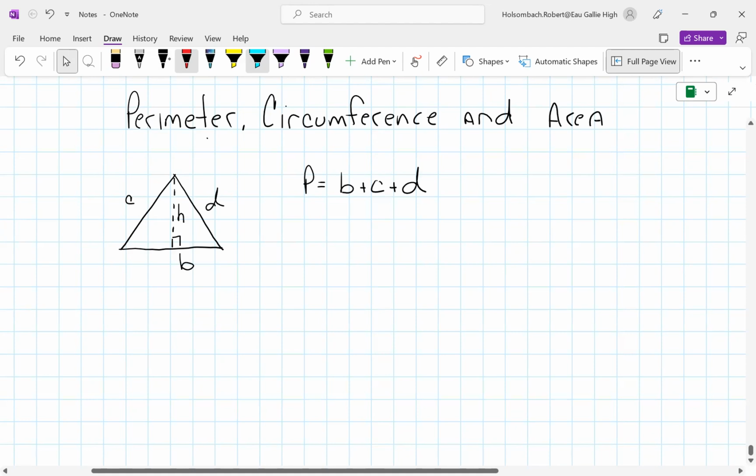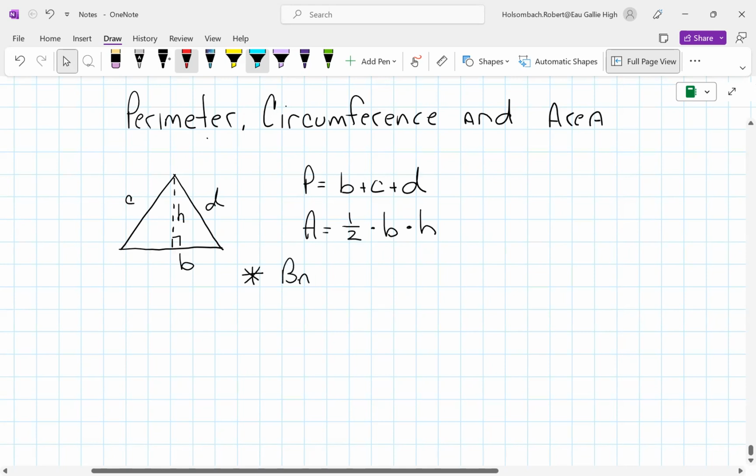The area of this triangle, if you're asked to find the area of this triangle, the formula is 1/2 times the base times the height. All right, real important note right here.